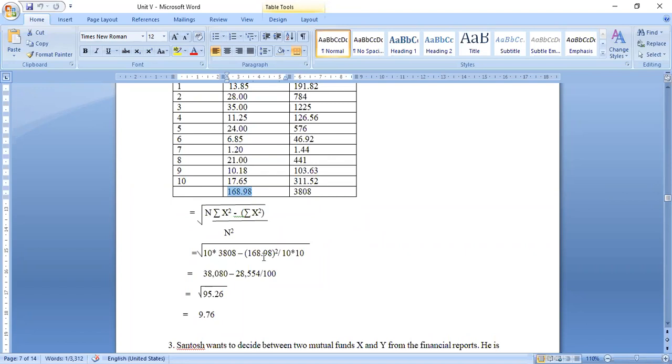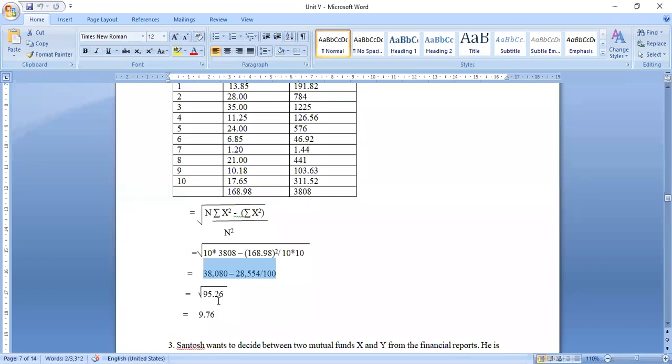After simplifying this, 3808 into 10 is 38,080 minus 28,554, that is 168.98 whole square, which you can round off to 169, divided by 100. The subtraction of this gives us the value of 95.26.